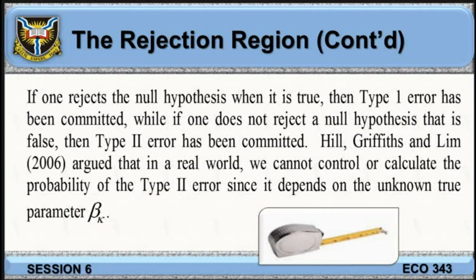Hill, Griffiths, and Lim, 2006, argue that in the real world, we cannot control or calculate the probability of the type 2 error since it depends on the unknown true parameter beta k.